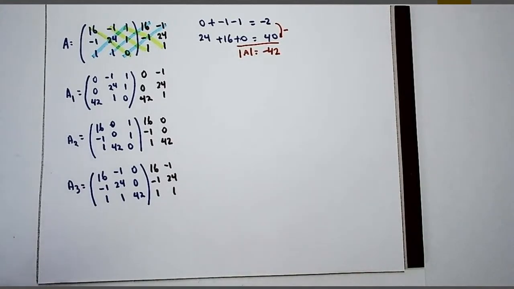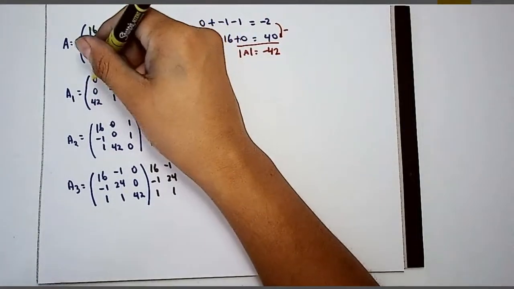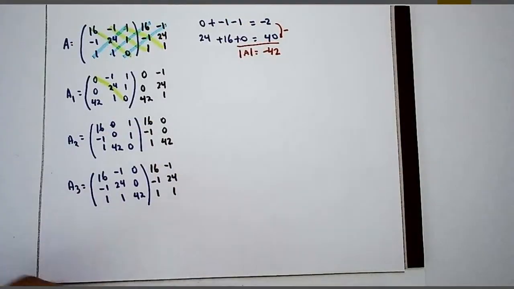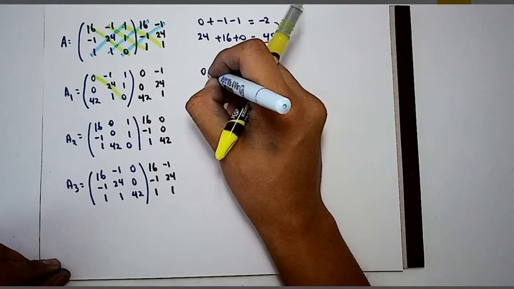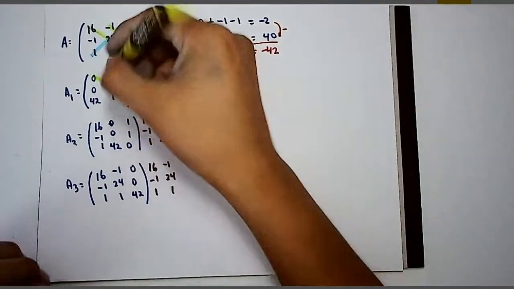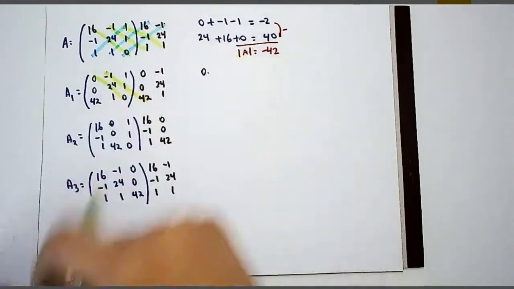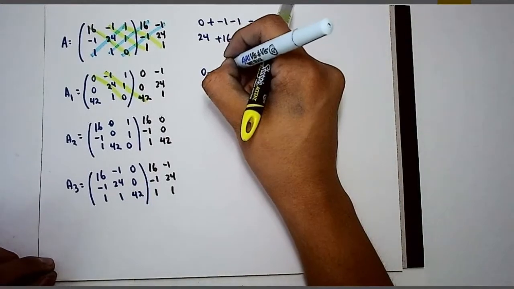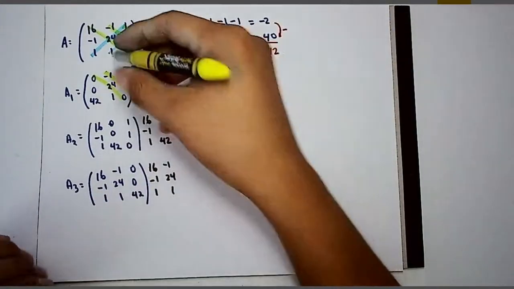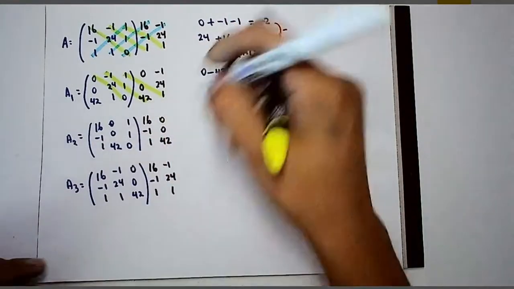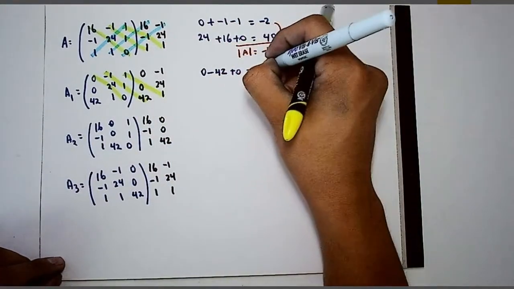Let's continue with the submatrix A1. This is 0, this is minus 42, and this is 0. So this is minus 42.